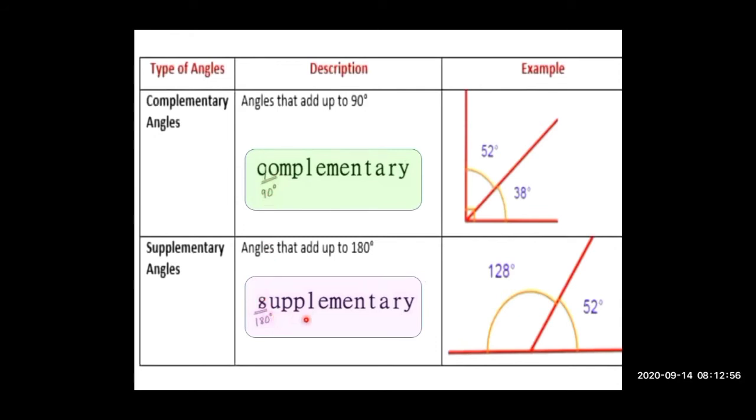In the spelling of supplementary, if we draw a cross line through letter S, it will become 8. Connect U as 0 and write 1 before 80. So what does it become? Yes, 180. So angles that add up to 90 degrees are complementary angles, and angles that add up to 180 degrees are supplementary angles. Easy to remember?